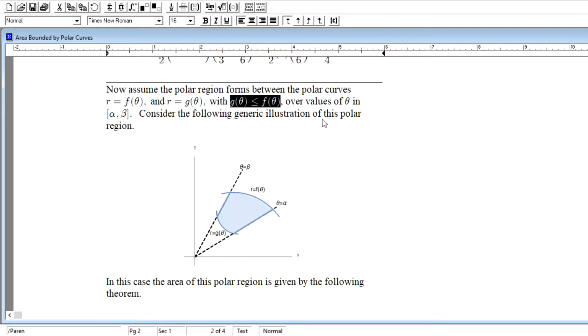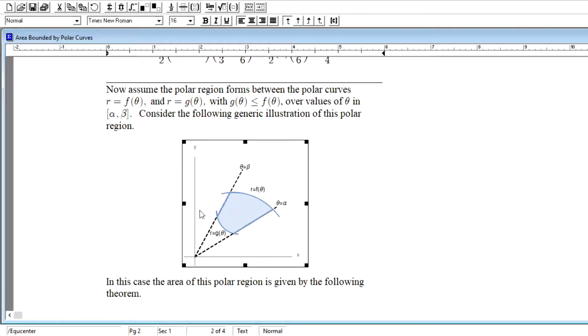And let's assume that this polar region forms between these two polar curves over values of theta from alpha to beta. This generic description of a polar region is what we see illustrated below.